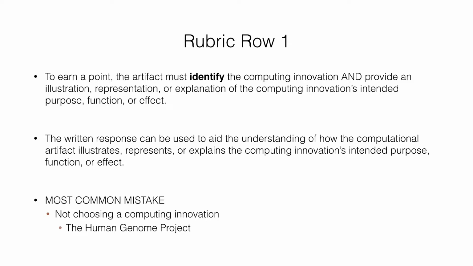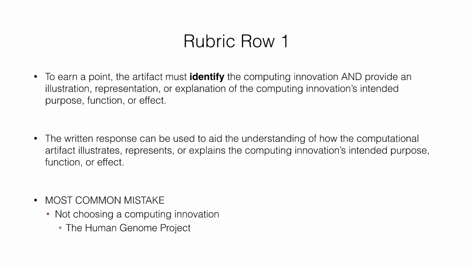For instance, the Human Genome Project, that's an initiative where scientists are trying to sequence the human DNA. That is not a computing innovation. It's an initiative of people. Now they may use computers, so a DNA sequencer or a DNA sequencing algorithm or program is a computing innovation. But the Human Genome Project is not an innovation.